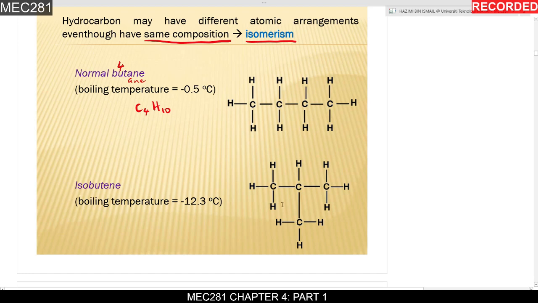The difference is the arrangement, because this one is just a straight carbon chain and in this one the other carbon shares a covalent bond with the intermediate carbon atom here. Because of the different arrangement, the properties are also different. For example, the boiling temperature for normal butane is negative 0.5 degrees C. For isobutane, the boiling temperature is negative 12.3 degrees C.